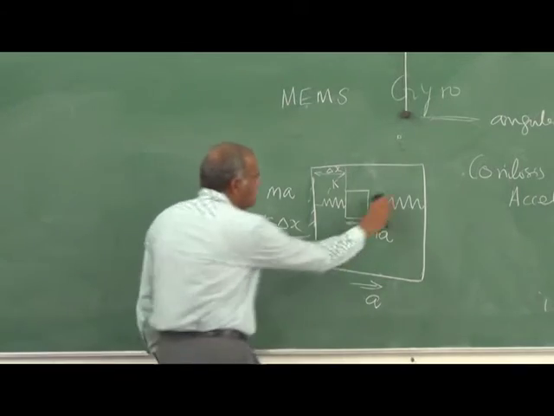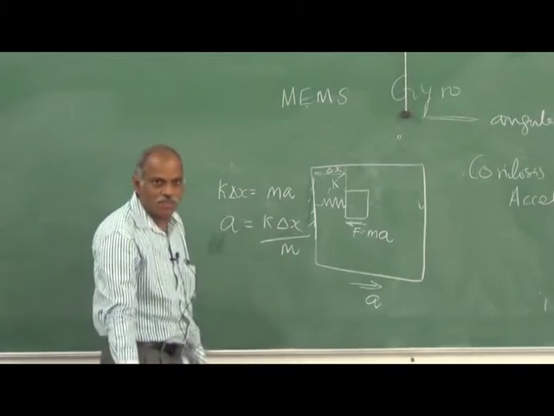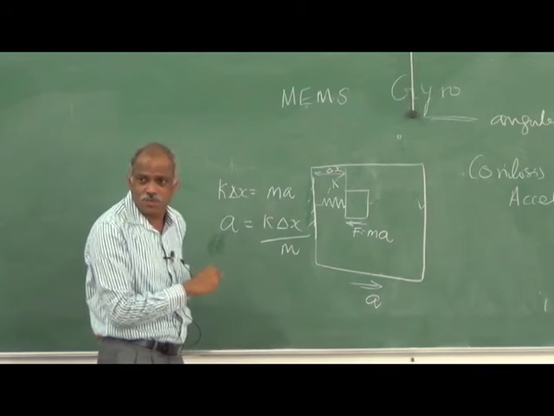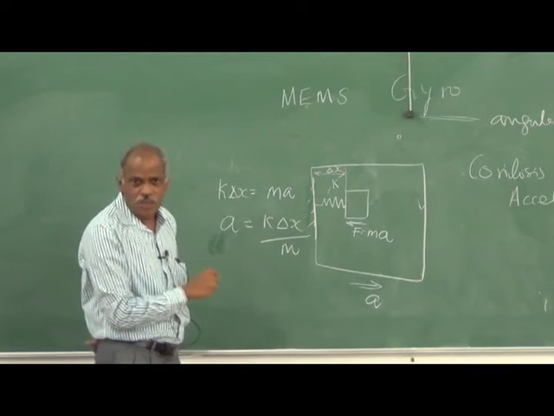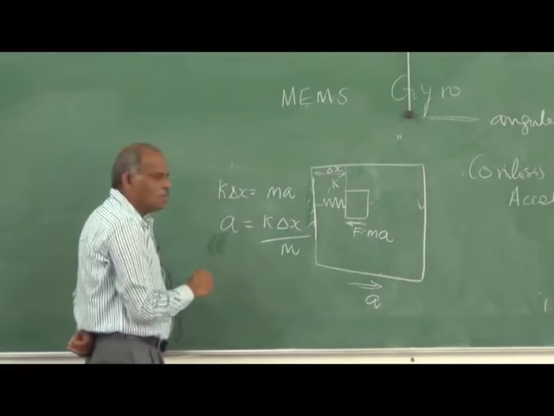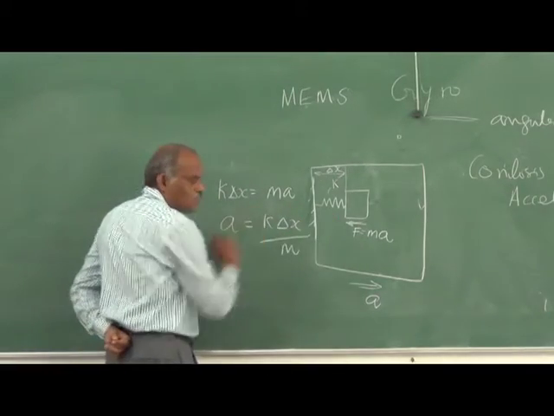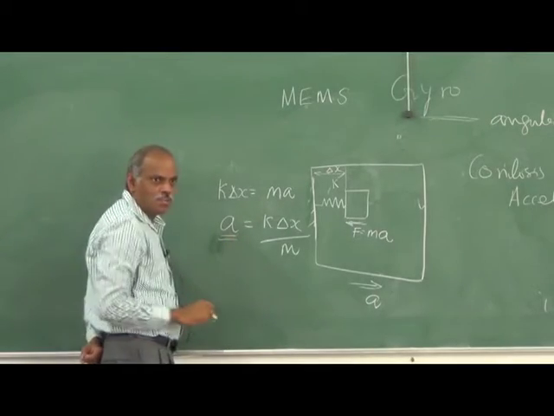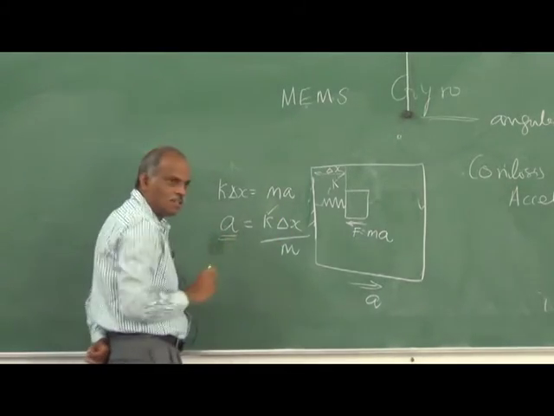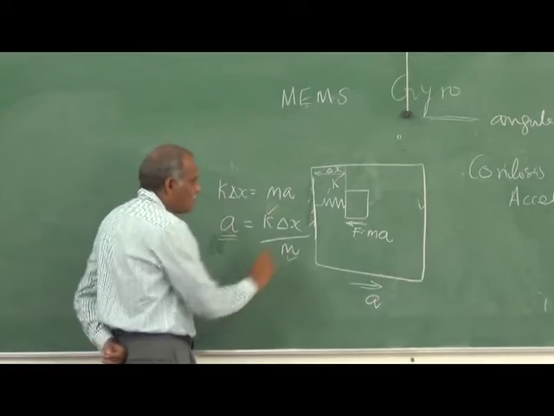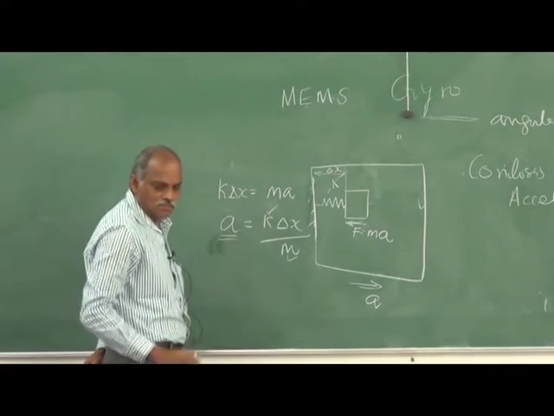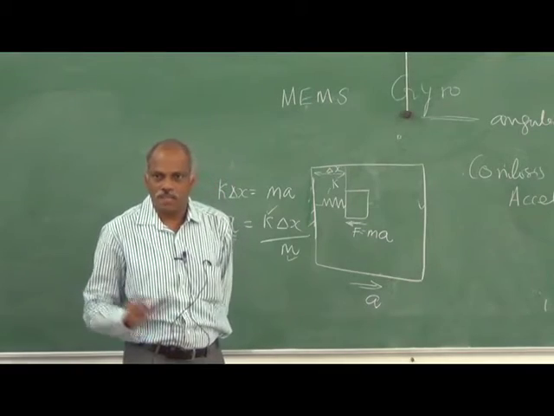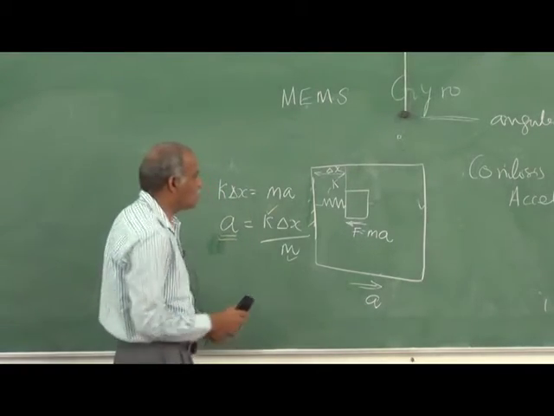Forget about the second spring momentarily. Think of only one spring. If I have 2 springs, I have to take the stiffness of both the springs together. Now the acceleration can be measured because K is constant, M is constant, by measuring the deflection. If I measure the deflection of the mass, I can say what is the acceleration it is subjected to.